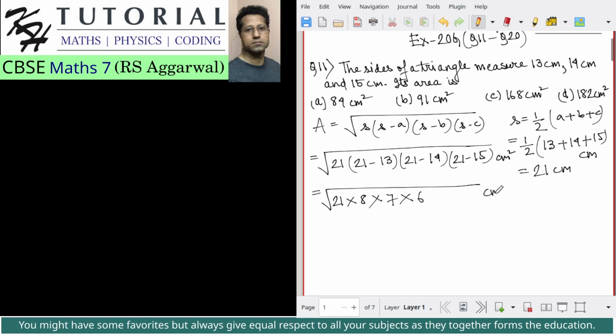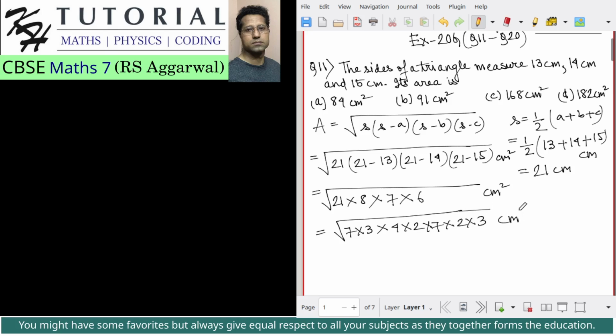Now we have a product of integers inside the square root. We have to form a perfect square inside the square root. Then we can easily find the square root. So 21 is 7 multiplied by 3, and 8 is 4 multiplied by 2, and we have 7, and 6 is 2 multiplied by 3.